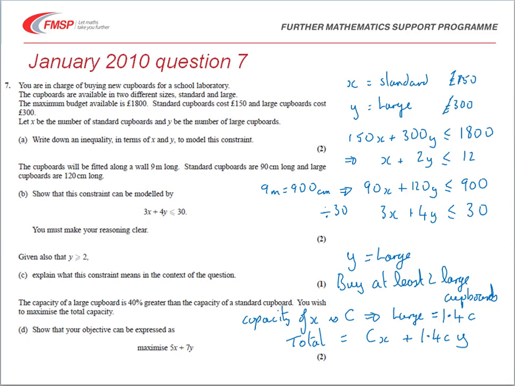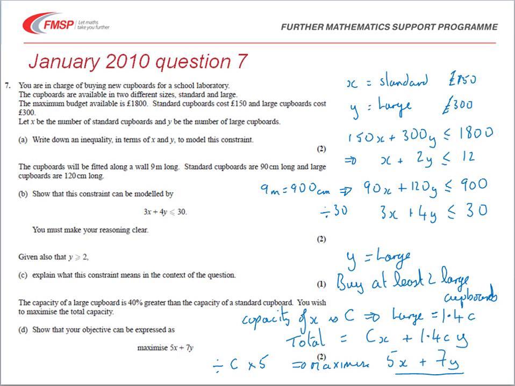Well, we can therefore divide through by C, and if we also at the same time multiply up by 5, then what we need to do is to maximize (5x plus 7y).